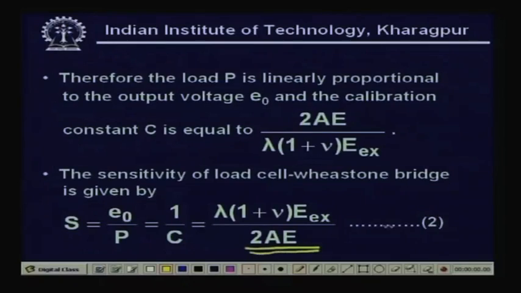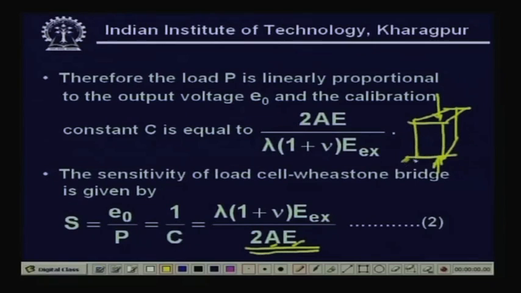Now, interestingly, you cannot decrease A and E too much. If you decrease A and E, you will decrease the range of your load cell. One important thing: the load cell looks like this. If it is under a compressive load, which we should mention because we already discussed the tensile load, it should not buckle.